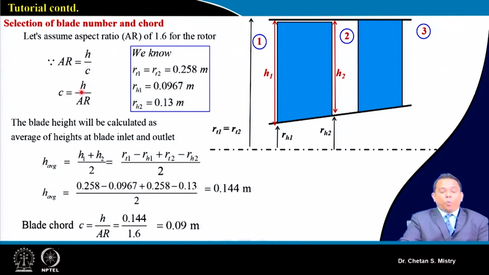Now once this is known, we need to come up with a very important parameter, the chord, and we can calculate the chord based on h by aspect ratio. This is coming as 0.09 meter.